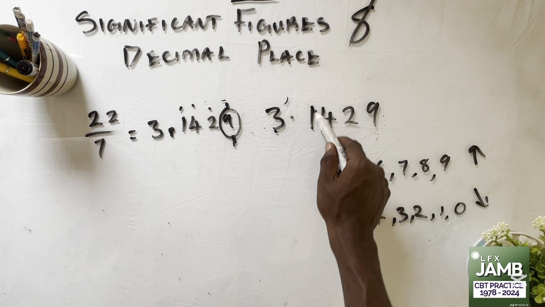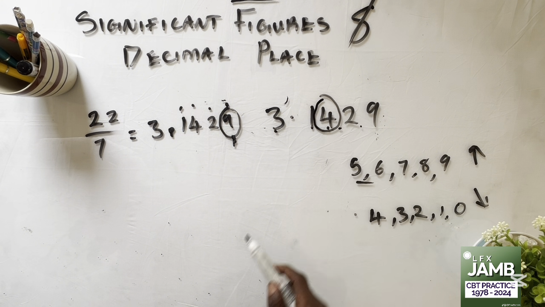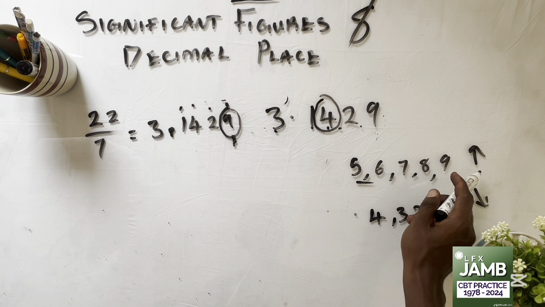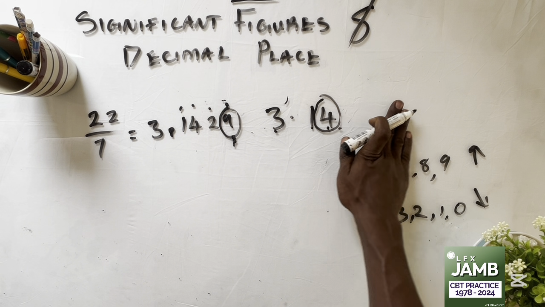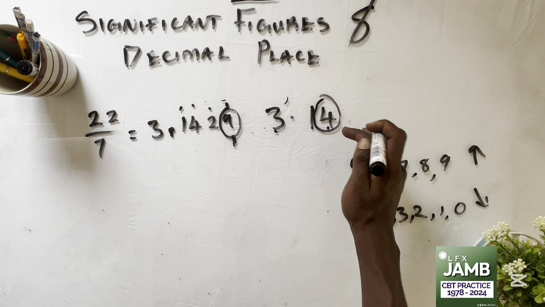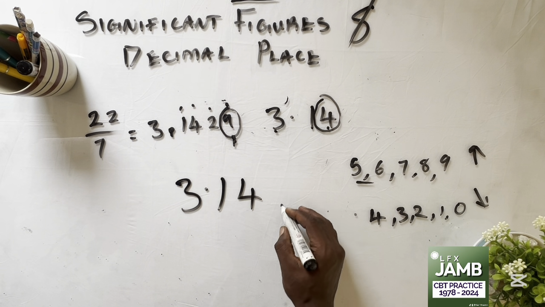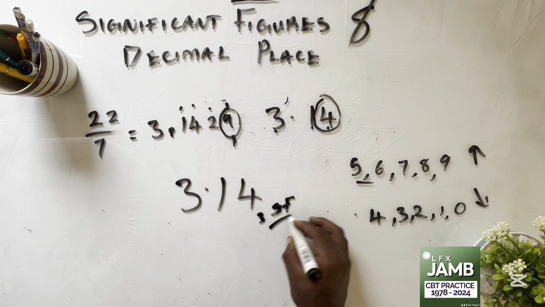So if this is the one we are considering, the number immediately after it, where does it fall? Does it fall under round down or round up? If it falls under round down, we discard everything without adding anything to this. So our 3 significant figures were 3, 1, 4.